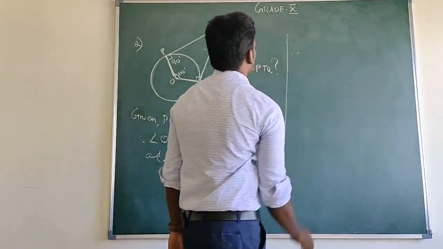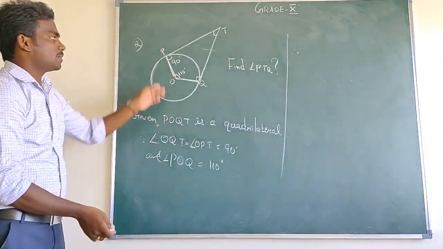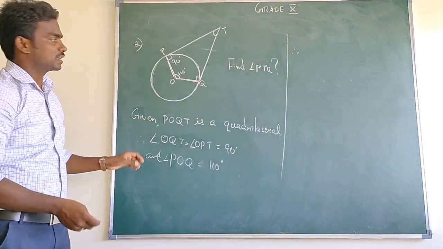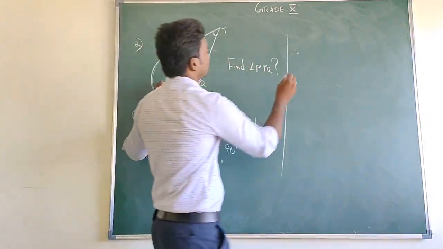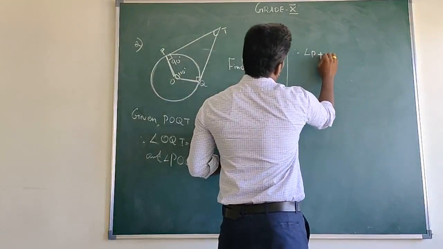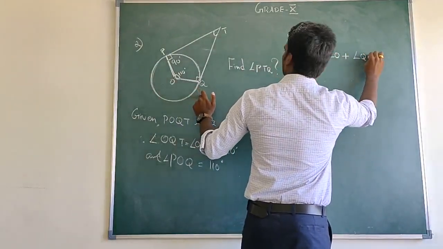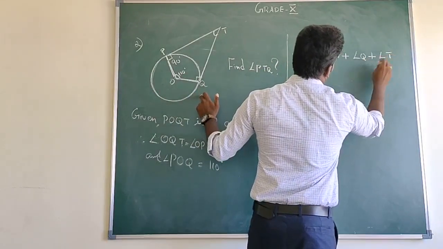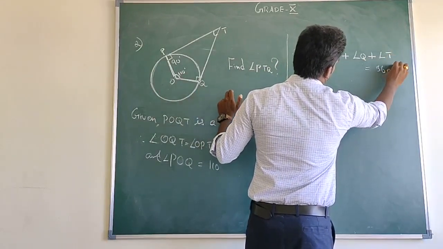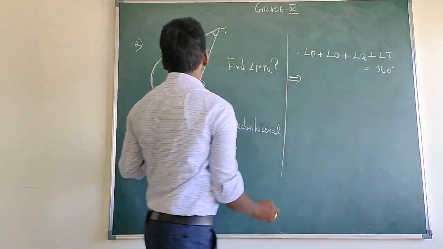So therefore, what is the angle sum of a quadrilateral? Sum of all the angles of a quadrilateral is 360 degree. So angle P plus angle O plus angle Q plus angle T is equal to 360 degree. What is the angle of P here?